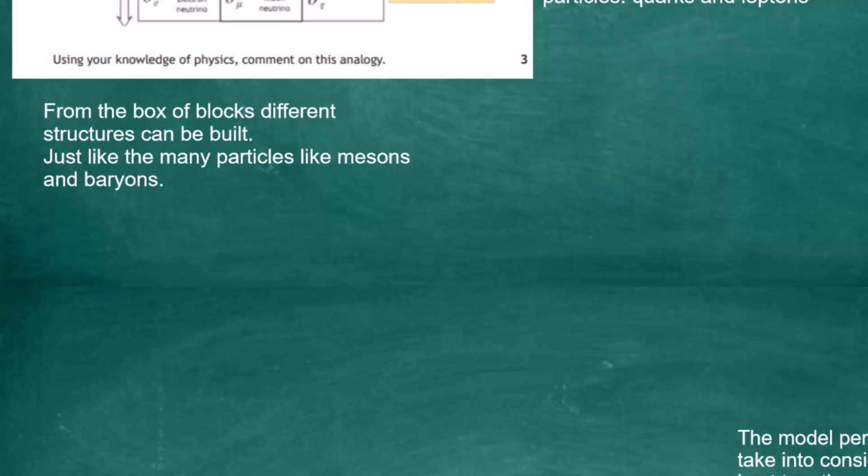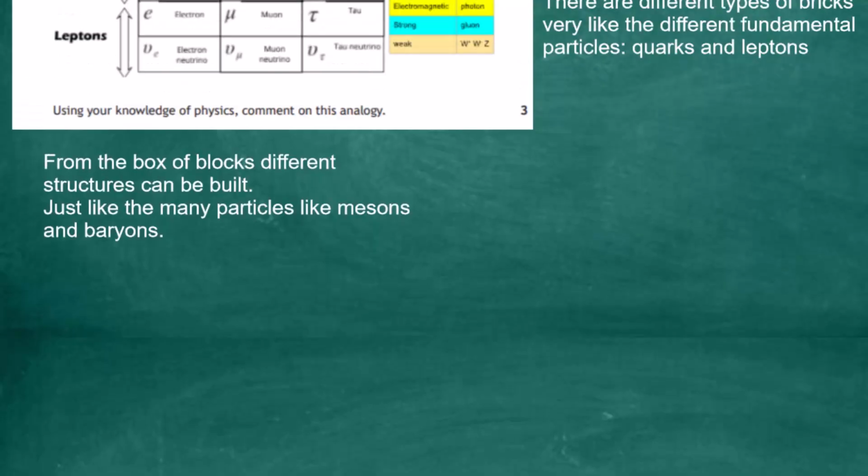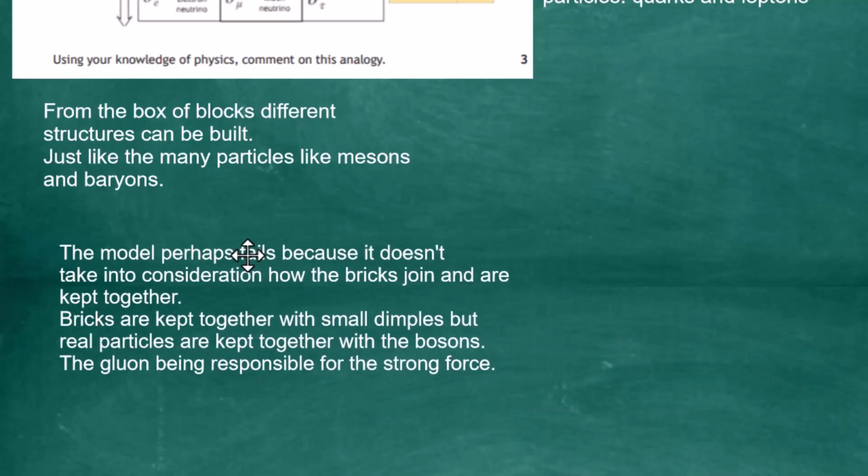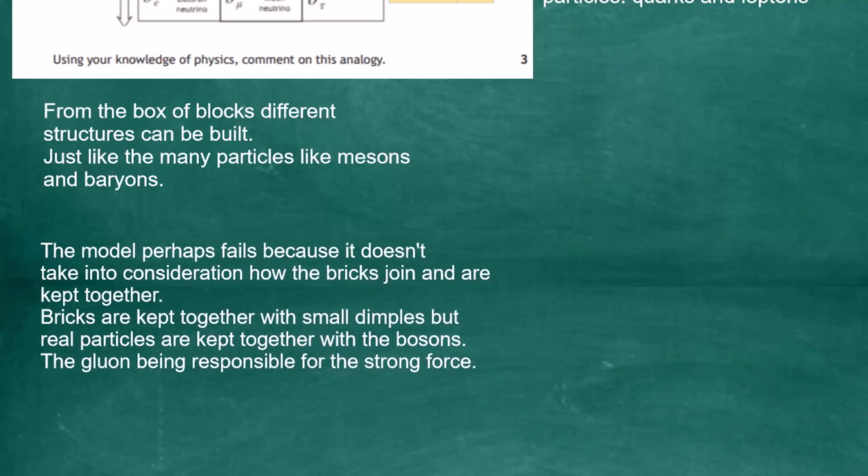But also we have to be very careful that the model is not particularly correct all the way, because the model perhaps fails. And it's good to say this because it's bringing out your knowledge of physics. The model perhaps fails because it doesn't take into consideration how the bricks join together and are kept together.